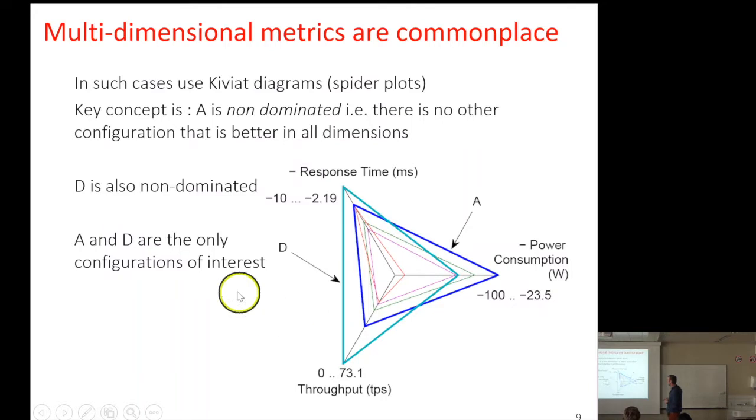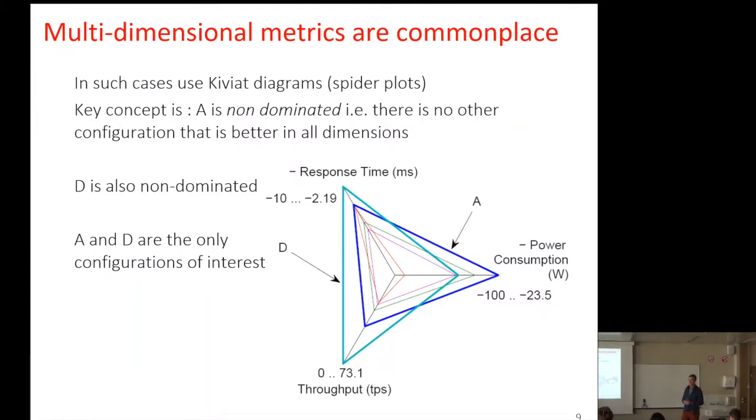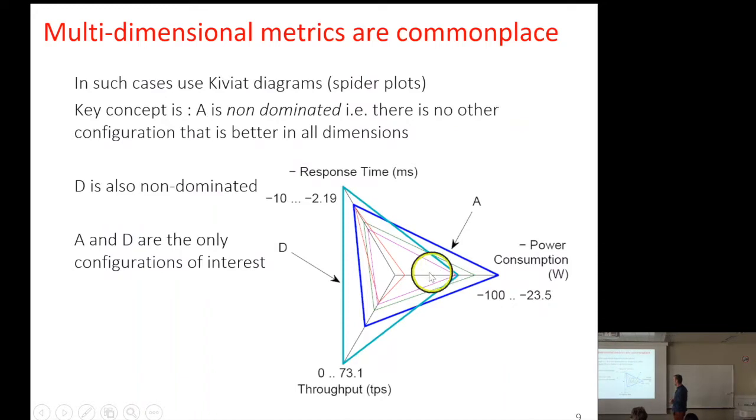So here, one way is to do what is called a spider plot or a Kiviat diagram, where you put as many axes as you have dimensions. It's not a geometric representation, you do it in a flat space. Here there are 3, but it works with 10, 20. And then you simply draw a line, and you will very quickly see what are the ones that are better. So I draw the line here such that higher is better.